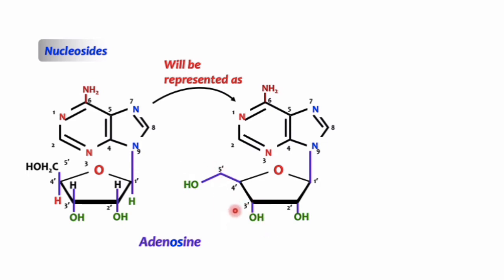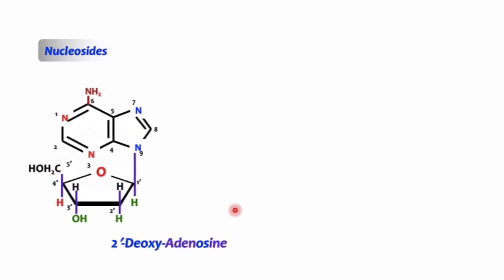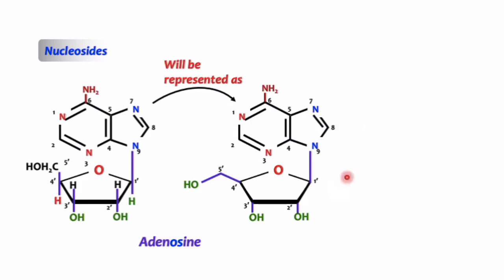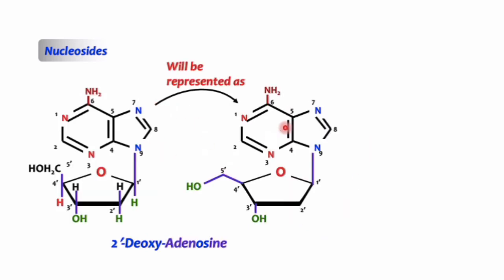So observe that carefully, this becomes very useful for us. Considering 2-deoxyadenosine, that can also be represented this way. Now without H, I don't have to show H again because these two hydrogens would be present here anyway. Now these are the representations. Let me repeat once again. This is a representation of adenosine and this is the representation of 2-deoxyadenosine.